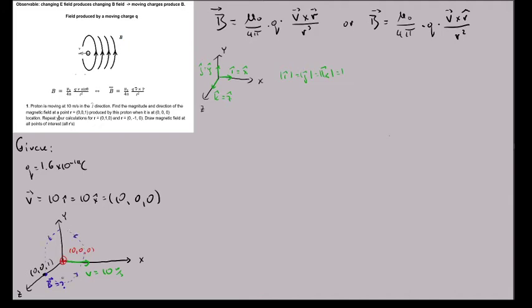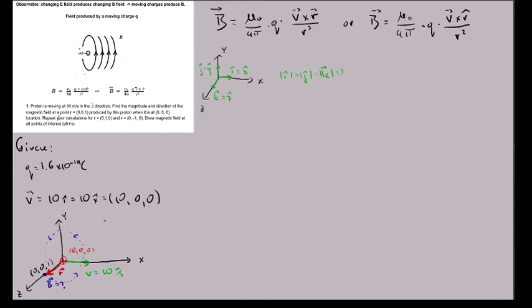And so somewhere here at this point it is going to point down. But I only need to find the magnetic field at this specific point, nowhere else. All right, so what do I need? Well, what I need is the vector r, which points from the charge to the point of interest. This is my vector r.